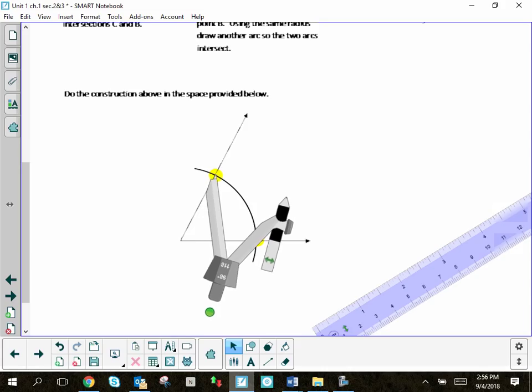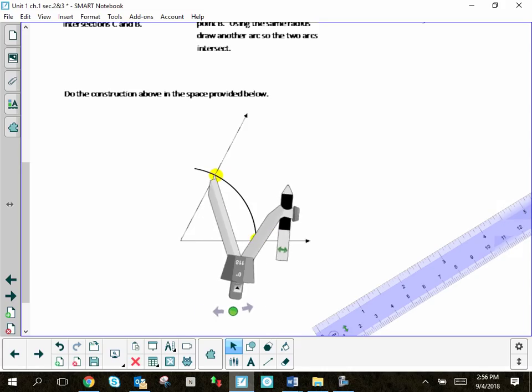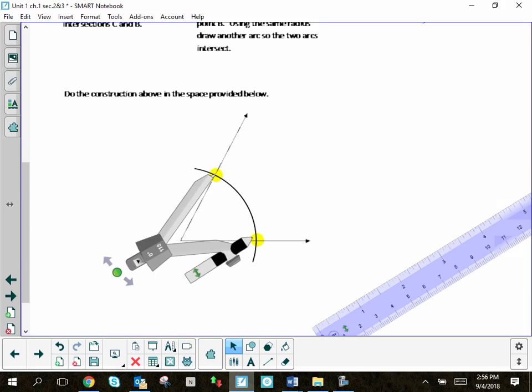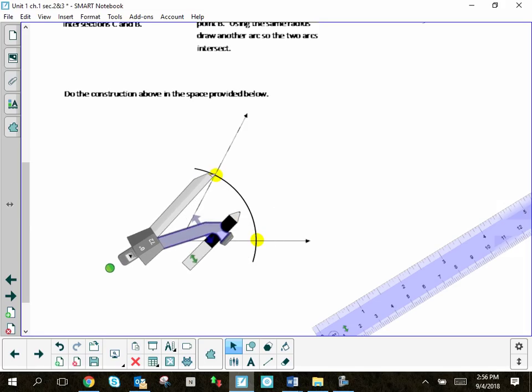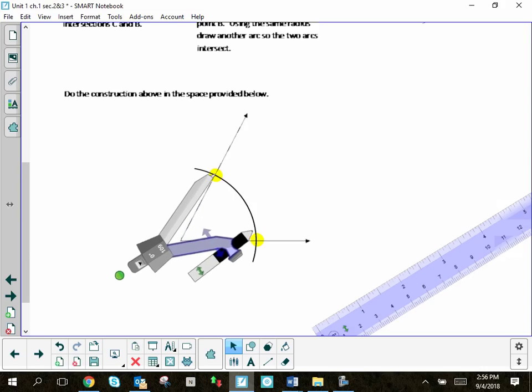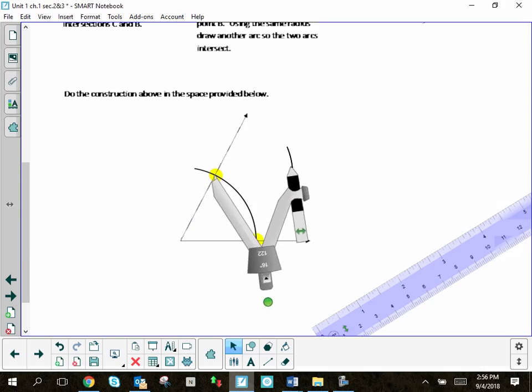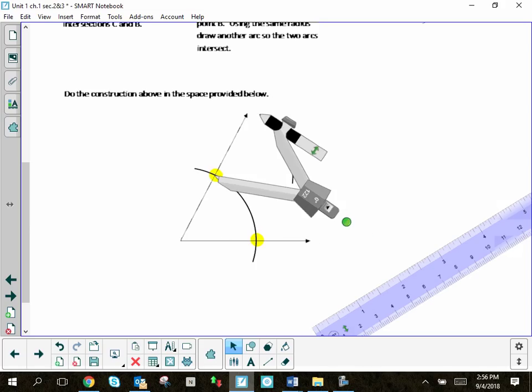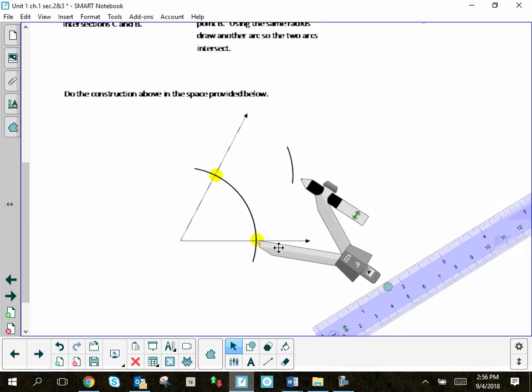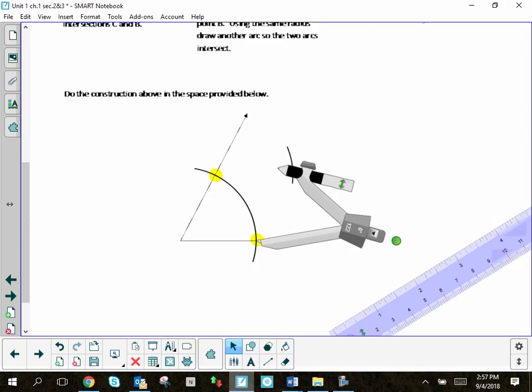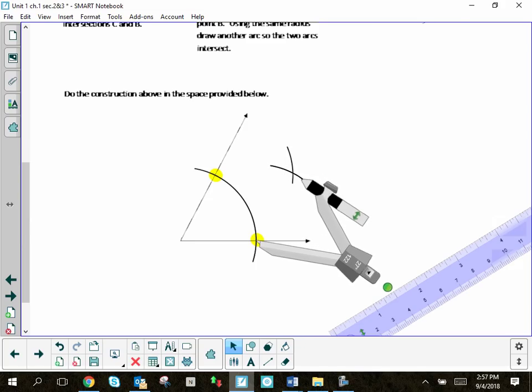I'm going to place the compass at one of the intersection points. Okay, and you can make it the same size. What I was saying earlier is you don't want to make it too small. It's got to be more than halfway. So if you get close to that point, you're going to be good to go. Make an arc in the middle, place it on the other intersection point, and make an arc in the center, in the interior.